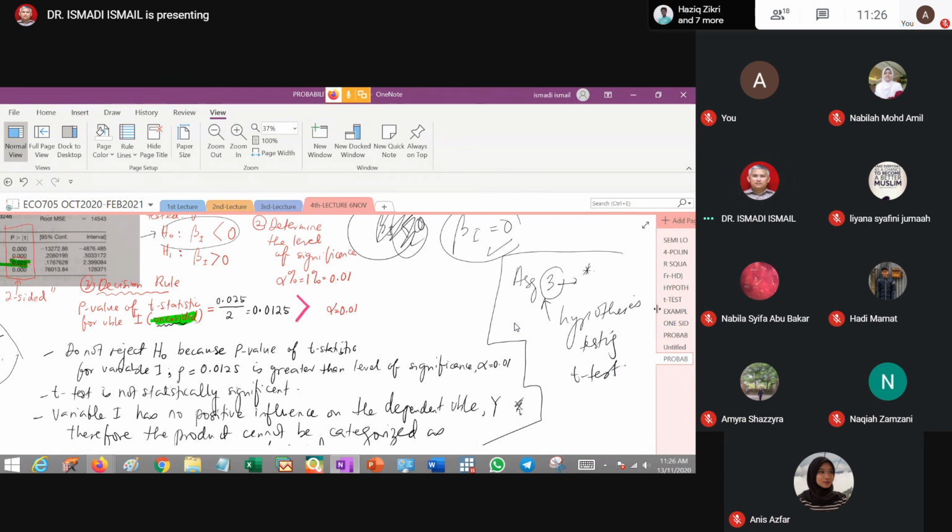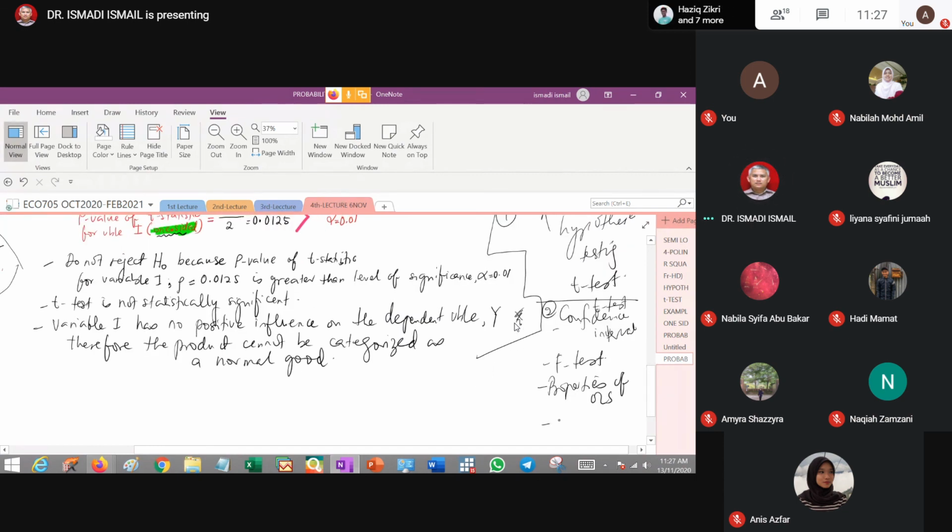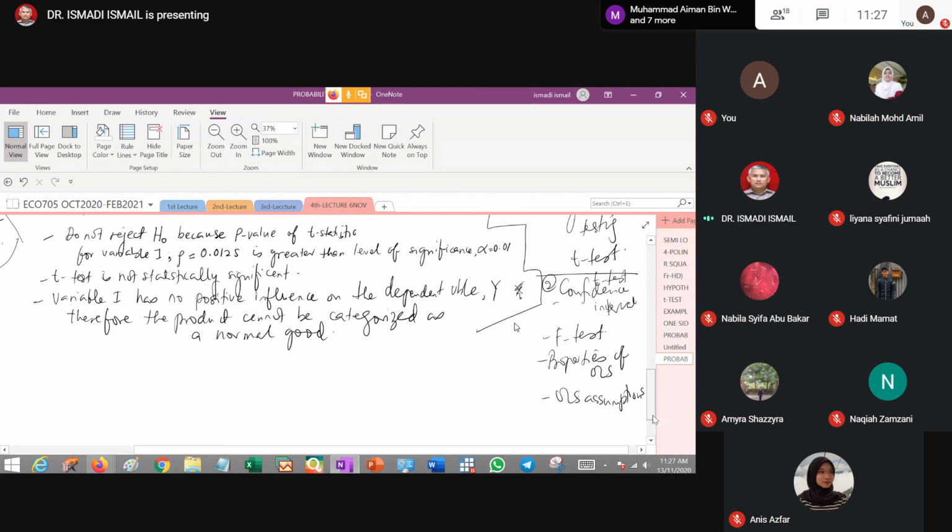And next week, we will discuss confidence interval, also t-test and f-test, f-test plus properties of OLS and also OLS assumptions.